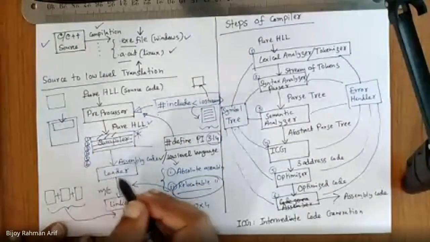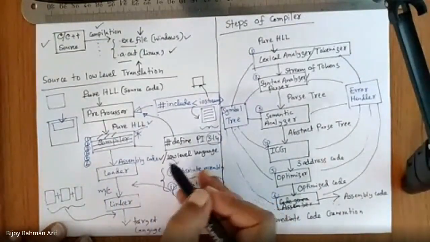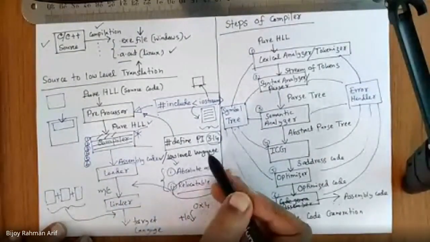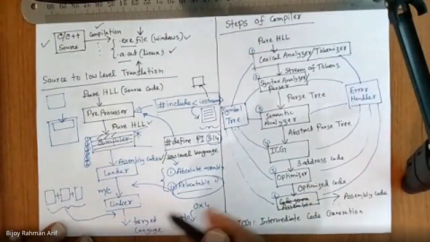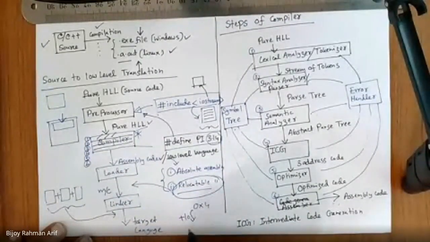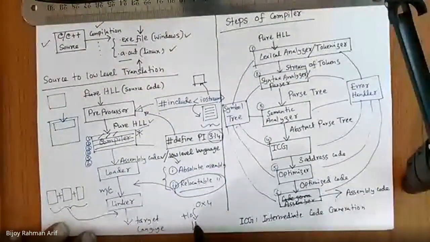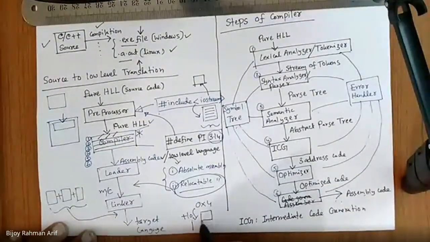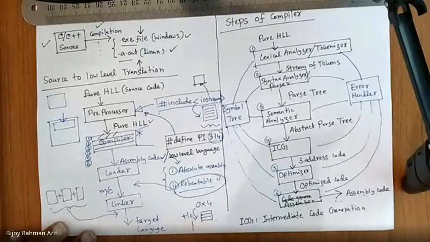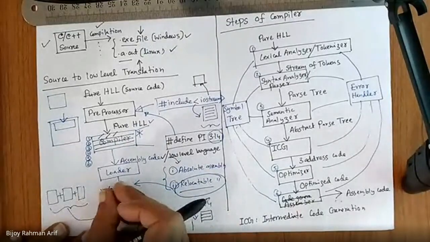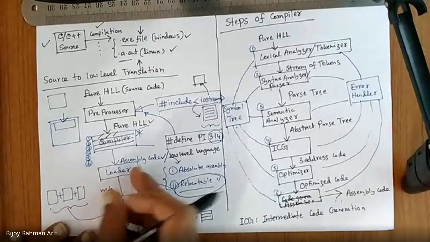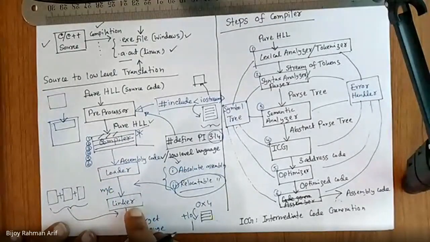Then it is the task of the loader to load this assembly code or low-level language into the machine from a particular starting point, and it occupies some offset below this. After that, it converts to machine level code, then it is finally passed to the linker.